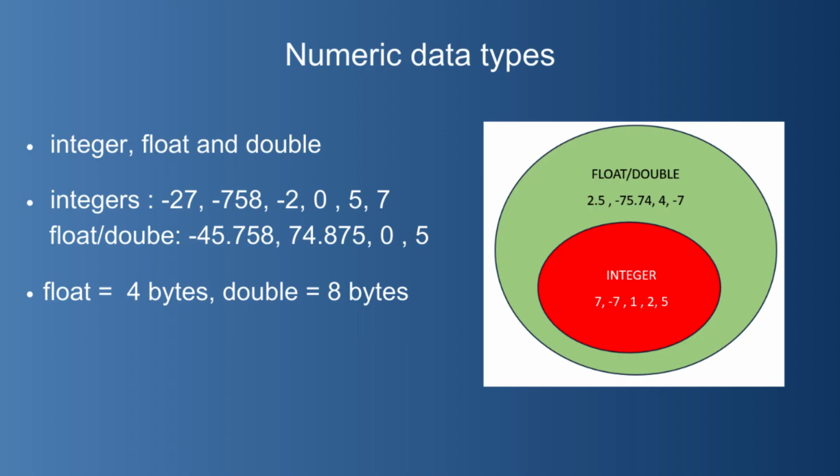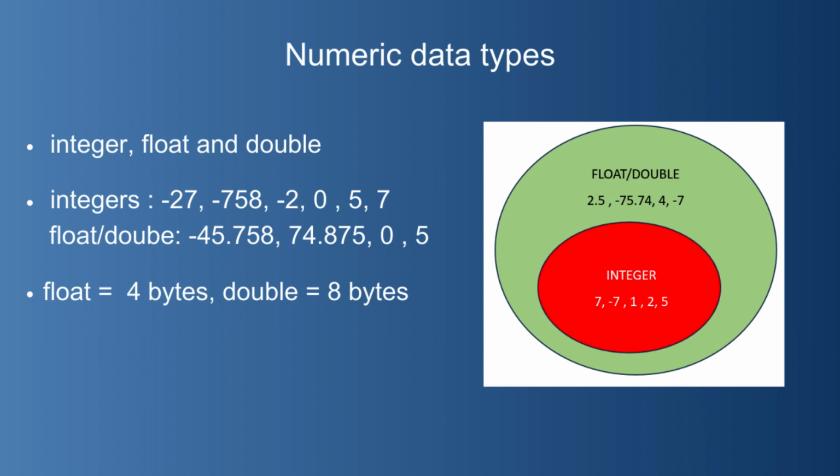Now we will cover numeric data types. Numeric data types are integer, float, and double. To simplify this, I'm not going to look at number sets in math. Just remember that integers are whole numbers, positive, negative, and zero, and double and float are used for decimal numbers, numbers with decimal places. Both float and double are used for decimal numbers.